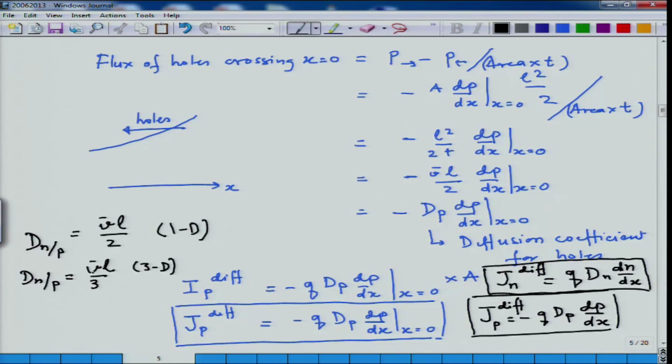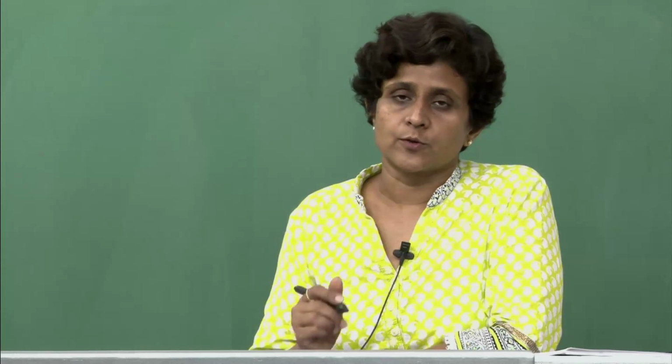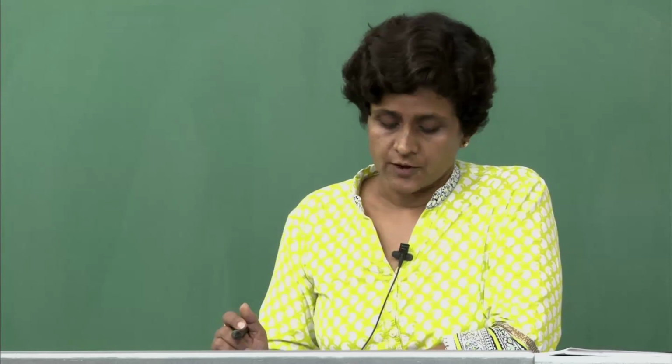Keep in mind this V bar L, although I have written it for electrons and holes, will be different for electrons and holes, because electrons are moving in the conduction band and holes in the valence band, so their thermal motion is dictated by the band structure of their particular band, and hence you will have different values of V bar for electrons and holes. It is not going to be the same value.